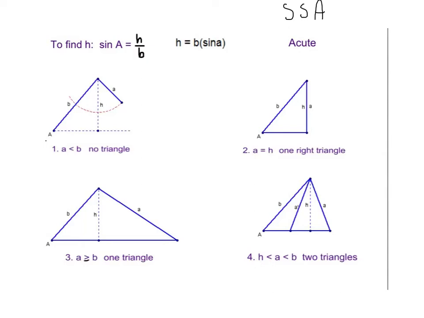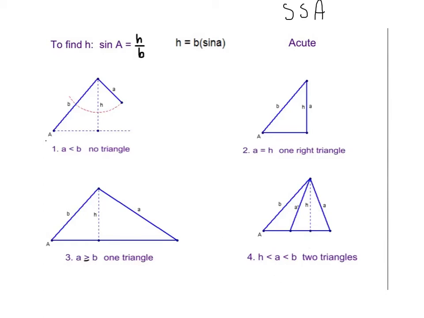Now here is the stickler, the one that everybody seems to have trouble with, and it's this: two triangles. It would make two triangles. And in class, I'm going to show you with the angle legs what this looks like. But you can see here that I'm given the angle A, the side opposite here, and another side. Here is the height of my triangle.